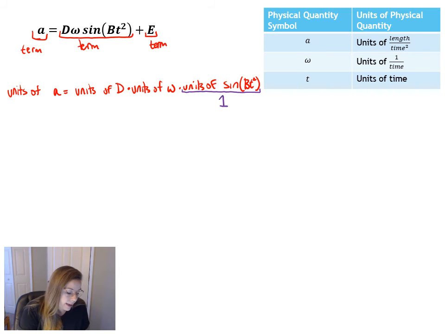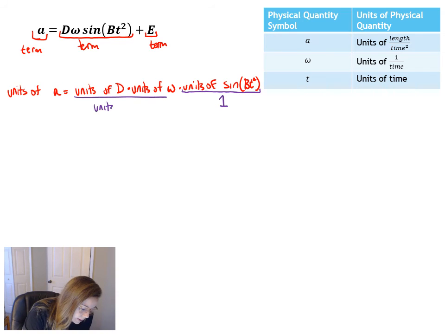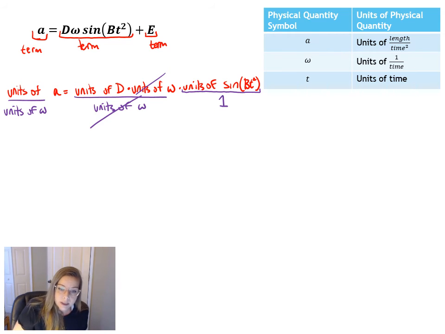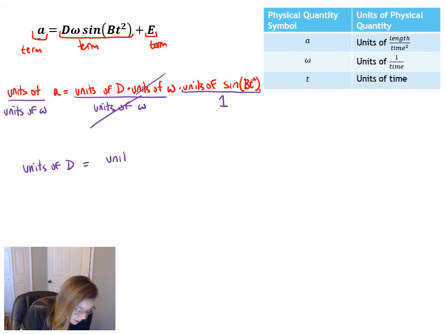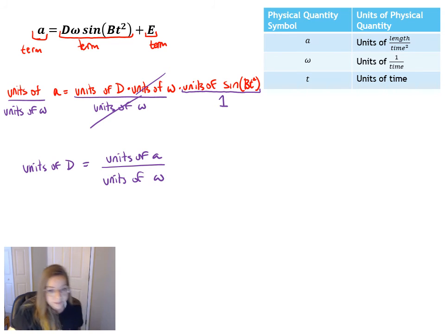Okay, so now let's go ahead and do some algebra and solve for the units of D, because that's the thing we're trying to figure out. So I'm going to divide both sides by omega, the units of omega. That gets rid of it on the right-hand side, brings it over to the left-hand side, and so now I know that the units of D are equal to the units of A divided by the units of omega.